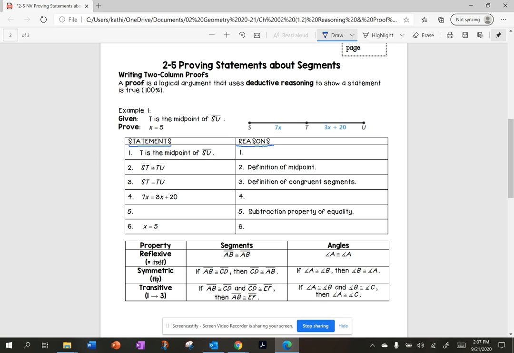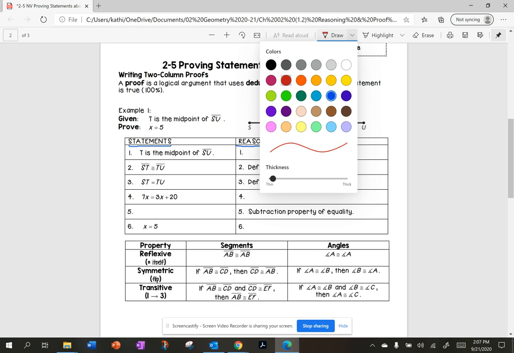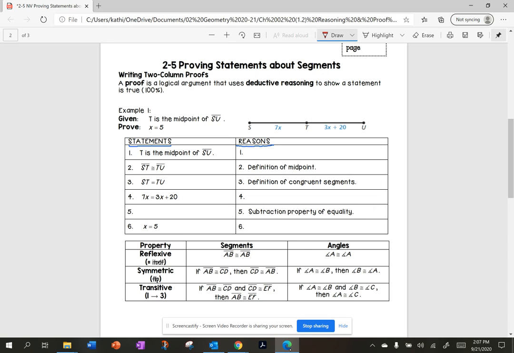So when I start out here, I have information that's given to me, and I'm trying to prove something. So the information that's given always goes as the first reason. So the first reason is always given.